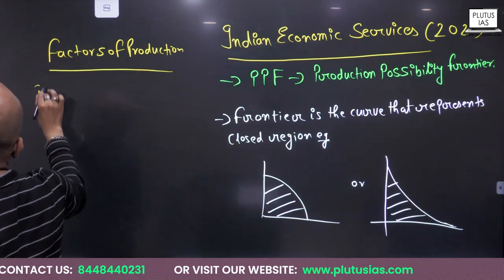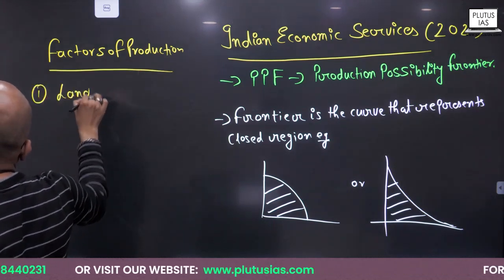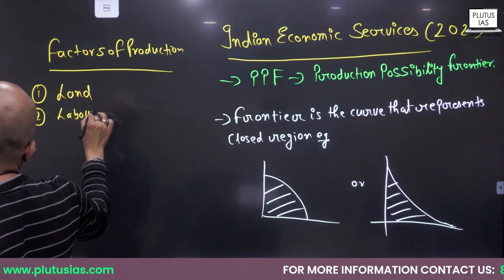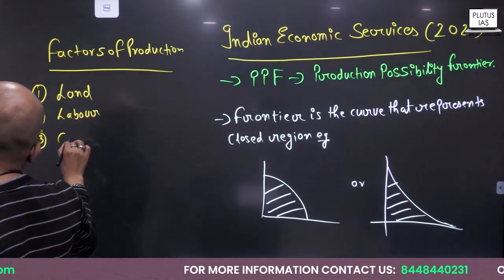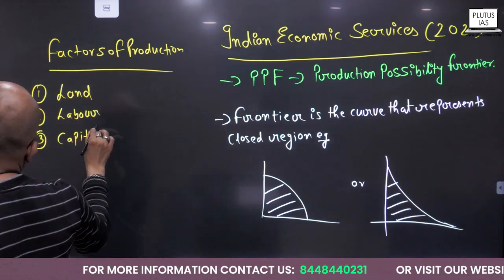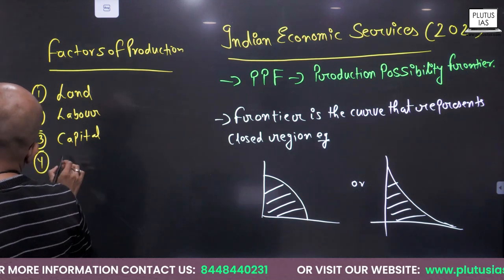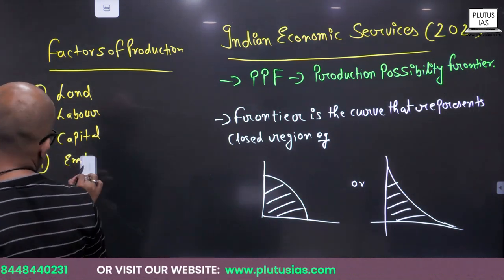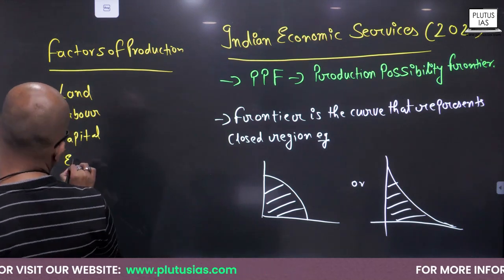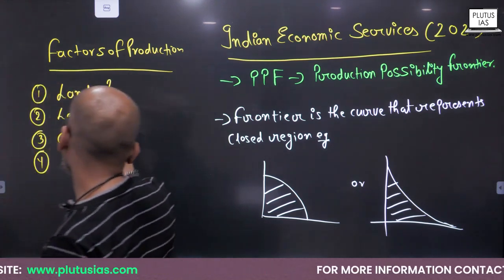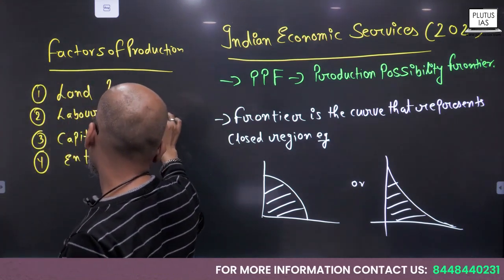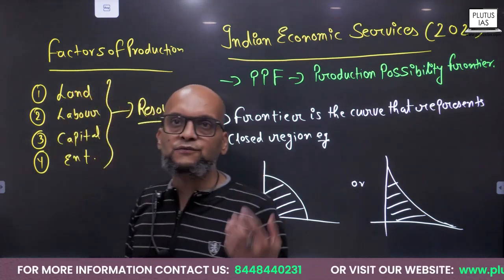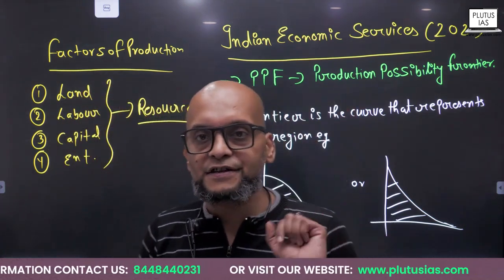So factors of production are land, labor, capital, and enterprise or entrepreneur. These are referred to as resources here. In our discussion, we are going to call these 4 factors of production resources.